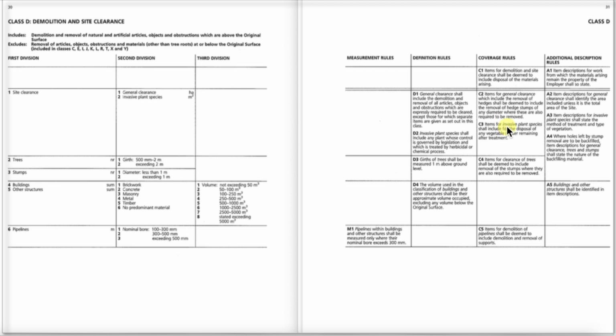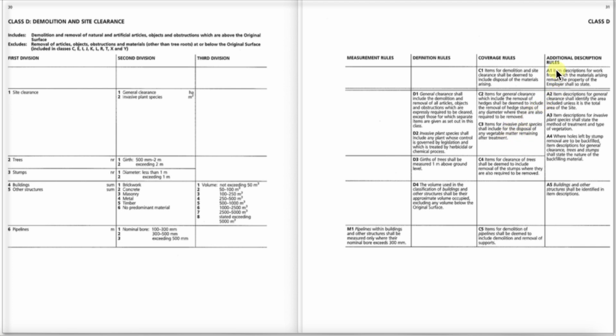C3, items for invasive plant species shall include the disposal of any vegetable matter remaining after they've been treated. So there's a time factor there between spraying the invasive plants, probably Japanese knotweed, until they're finally destroyed, but then they have to be disposed of.